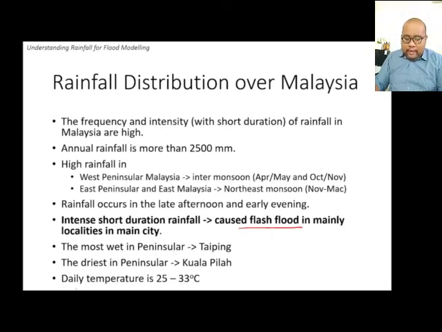And then the daily temperature is 25 to 33 degrees Celsius. So that's one. If you ask me which area that facing the most wet in Malaysia, I think in Sabah, I think kawasan yang paling lembap, di Sabah.